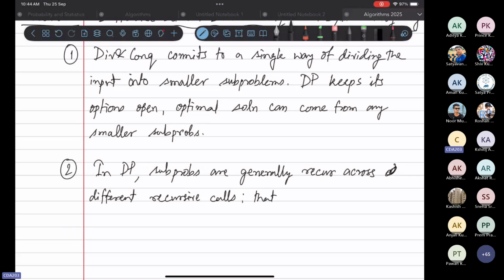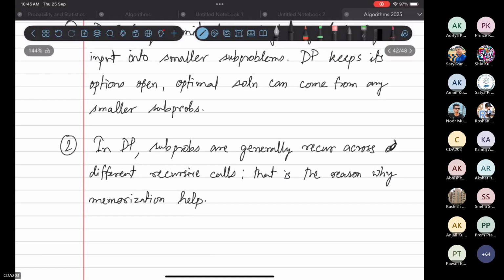That is the reason why memoization helps.